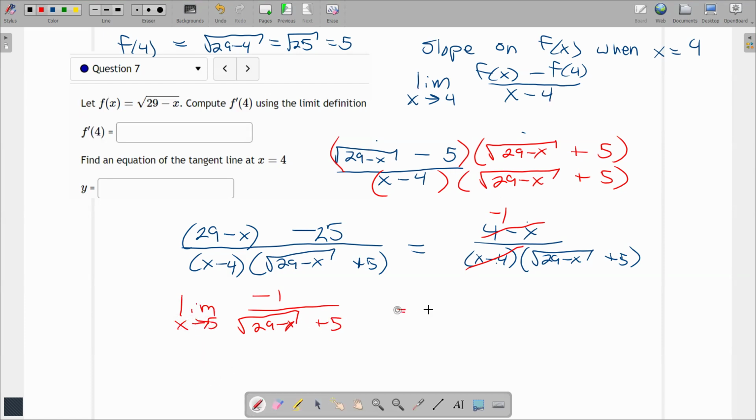As x approaches 4, this is going to be negative 1 over square root of 29 minus 5 plus 5. 29 minus 5 is 25. Square root of 25 is 5. 5 plus 5 is 24. But you're supposed to plug in 4, so it's 20.